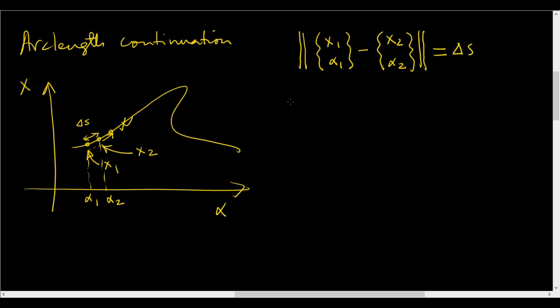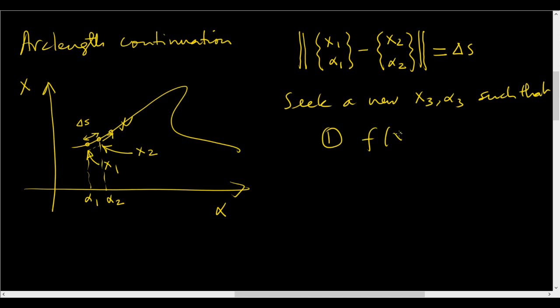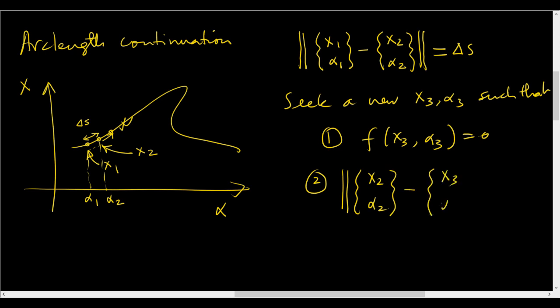Then we seek a new x3 alpha 3 such that 1, f of x3 alpha 3 is equal to 0, and 2, the norm of x2 alpha 2 minus x3 alpha 3 equals delta s.